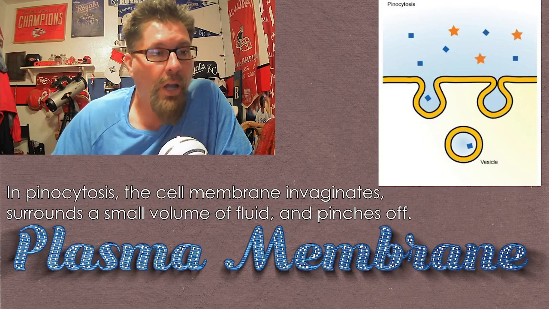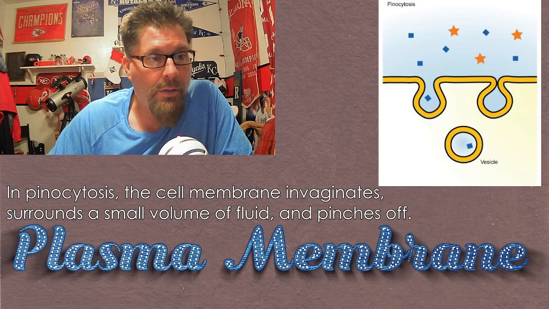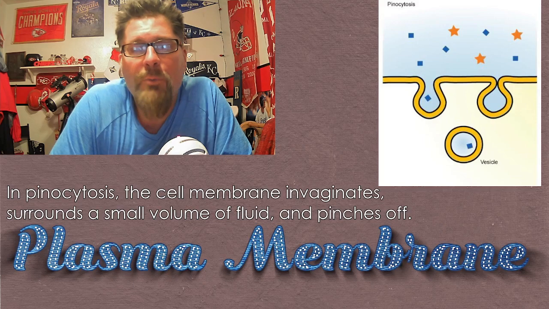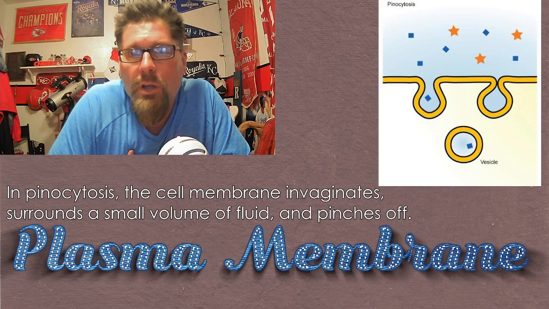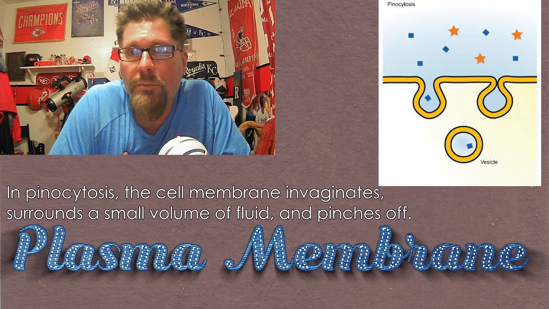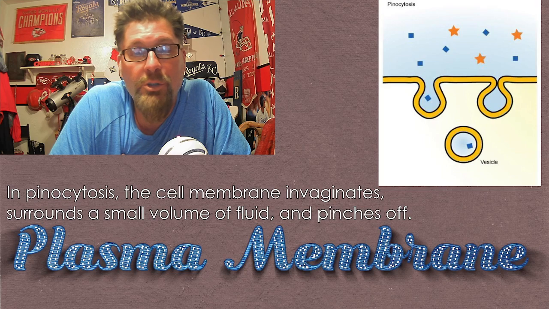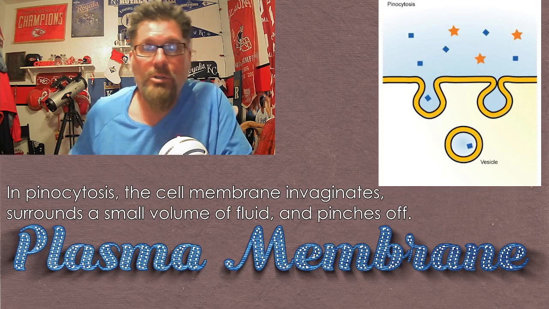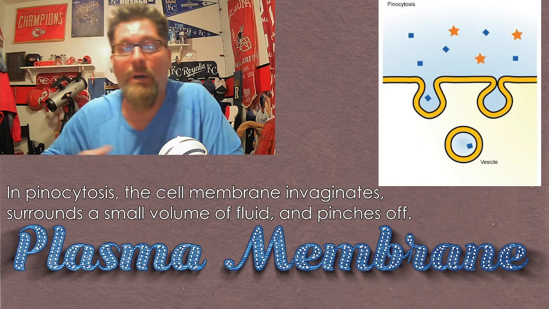Okay, so here's our next type, pinocytosis. This has more to do with the volume of liquid as it brings in the material. Maybe the solution is more, or the particle is in a solution. Something along those lines, but the same idea occurs.